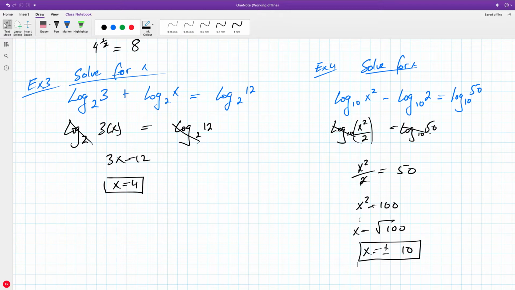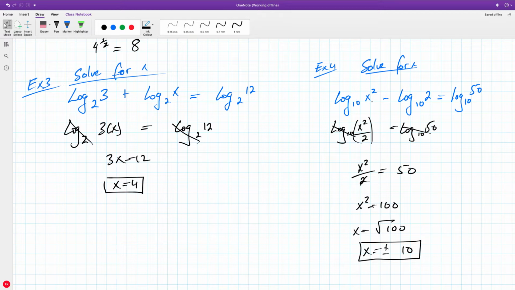If you take out your calculator for a second, put the log of minus 10 to the base 10 into your calculator. Remember now we're solving for x.